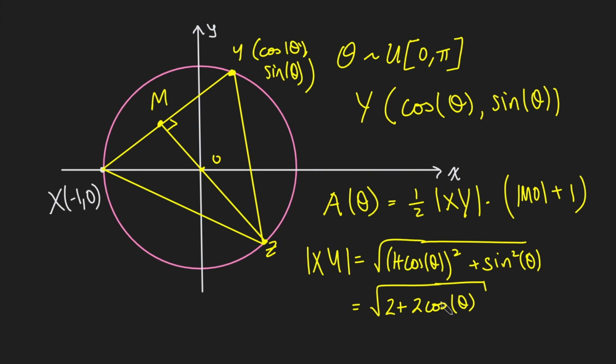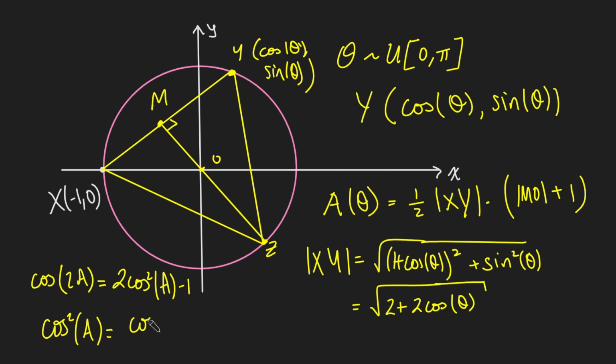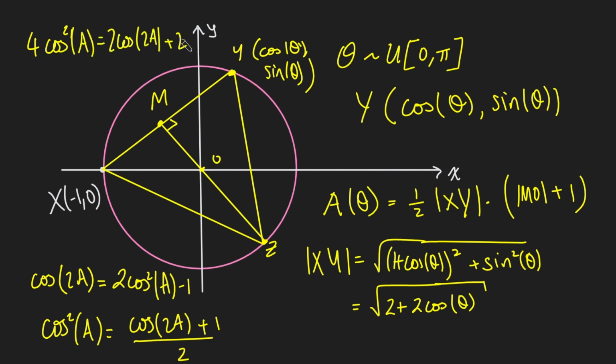But now what we're going to do is recall a double angle formula, which remember says cos of 2A is just 2 cos squared A minus 1. So if I rearrange this, I get that cos squared of A is (cos of 2A plus 1) over 2. And now, if I multiply both sides by 4, I get 4 cos squared A is 2 cos 2A plus 2.